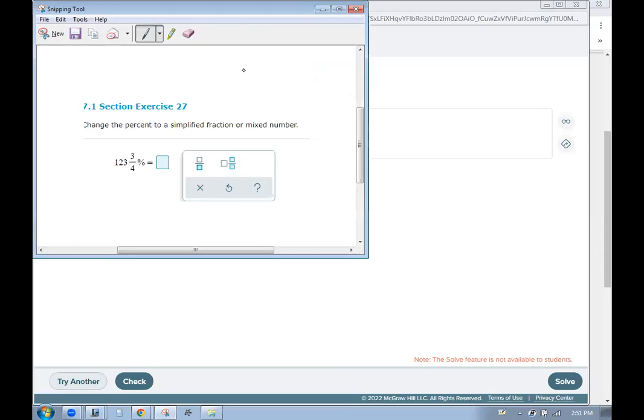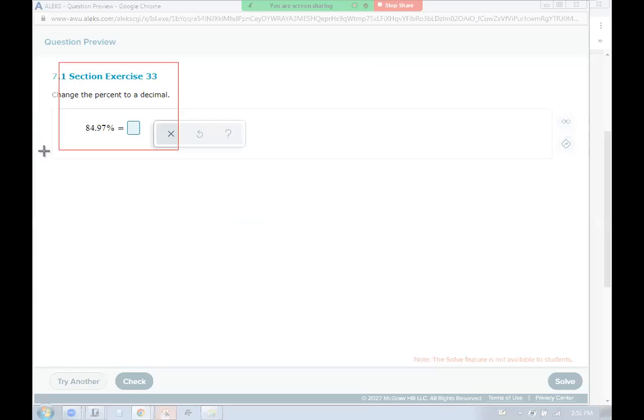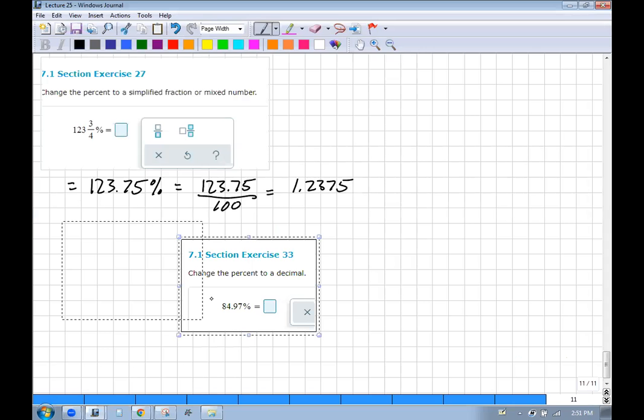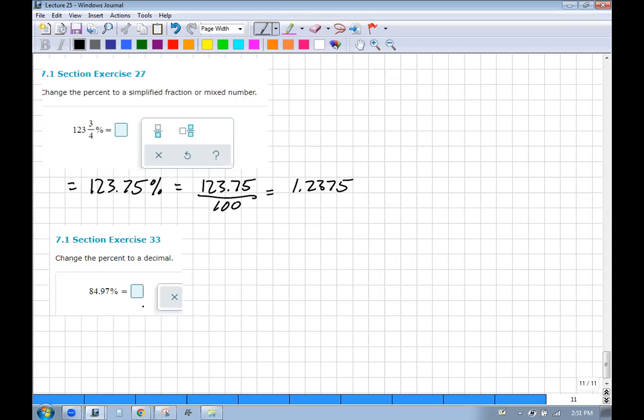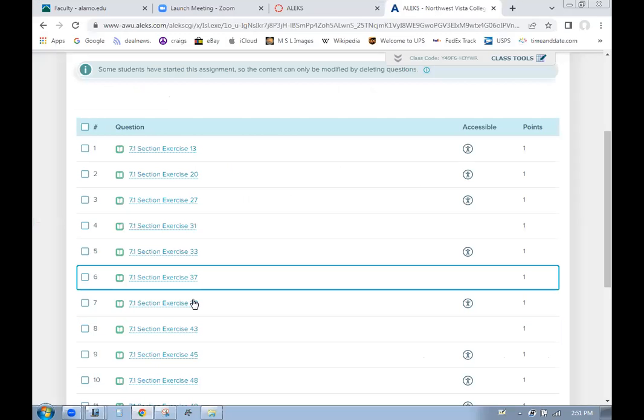All right, there's another one. It is equal to 84.9%, which means move the decimal to the left twice. And let's look at 38.